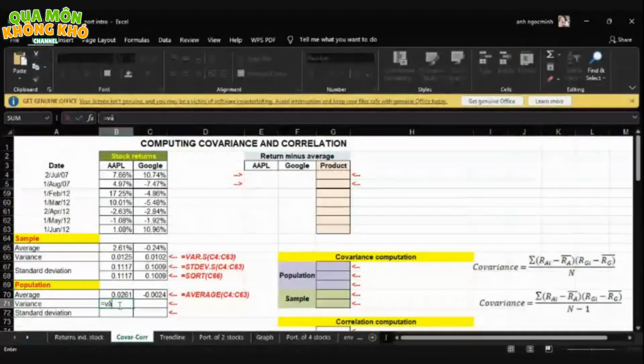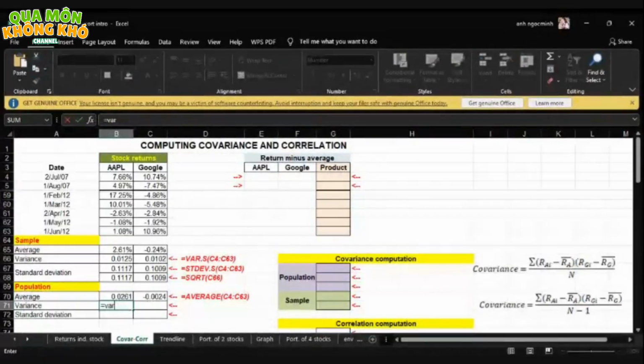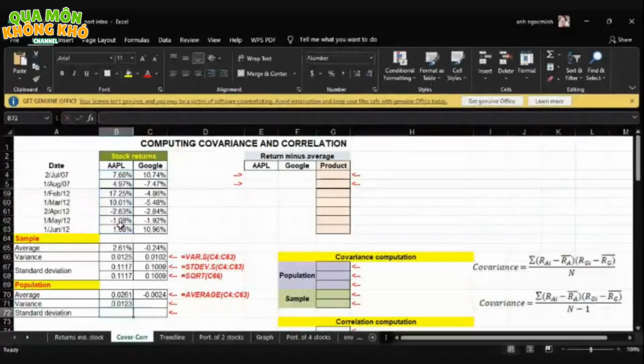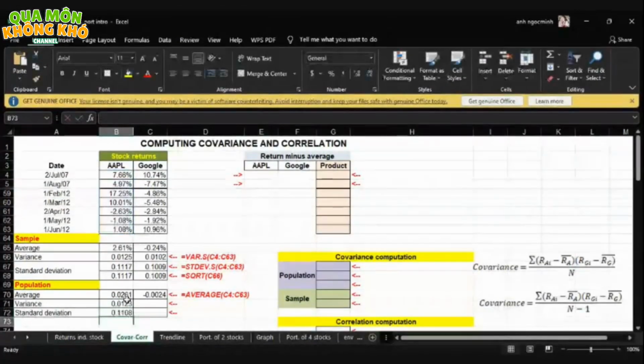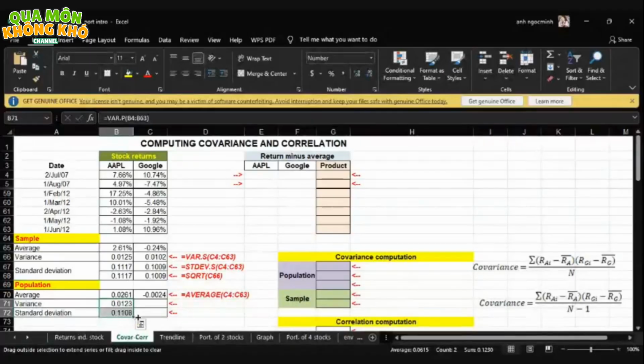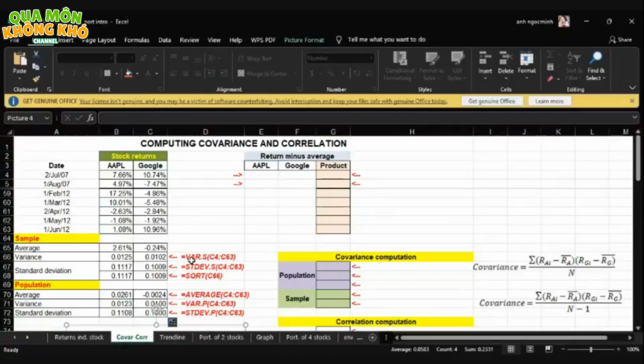Variance population. As you can see, the input between sample and population is not very different.